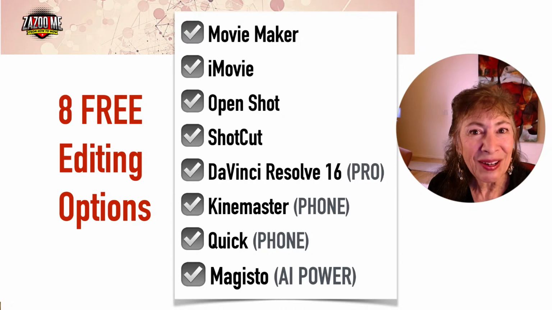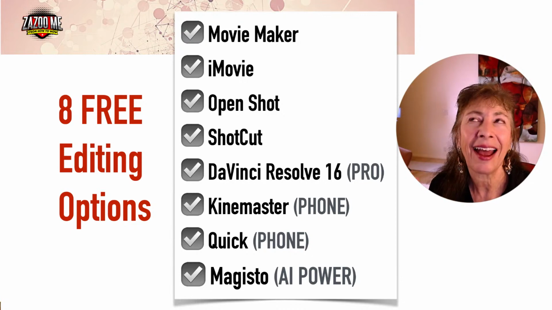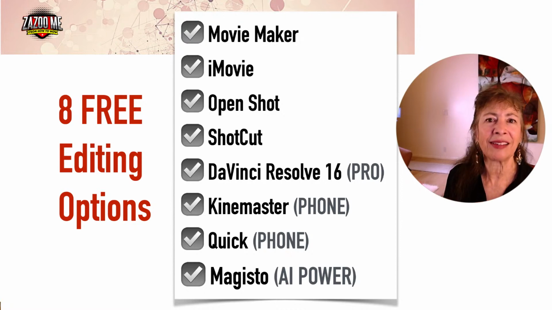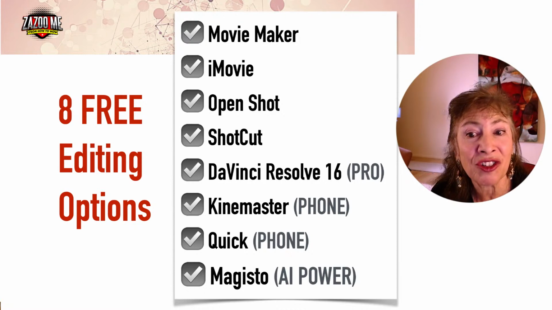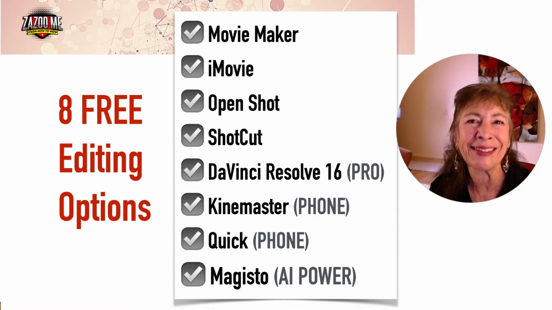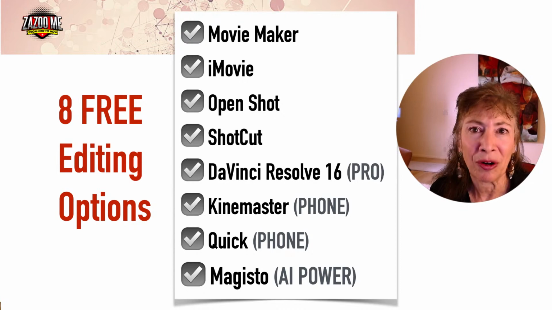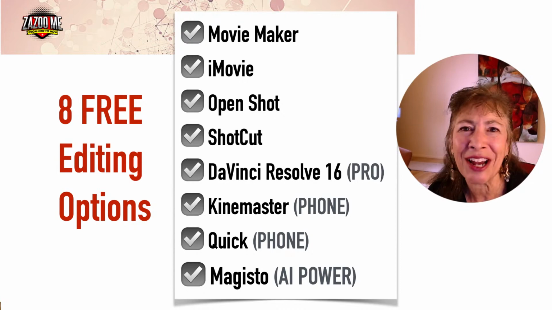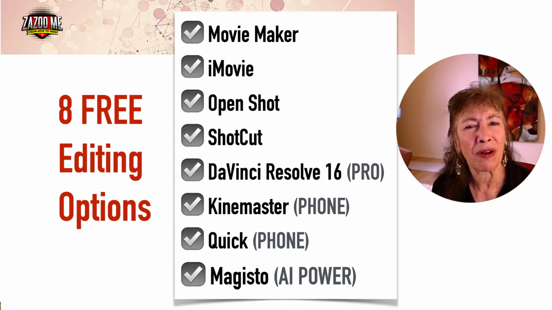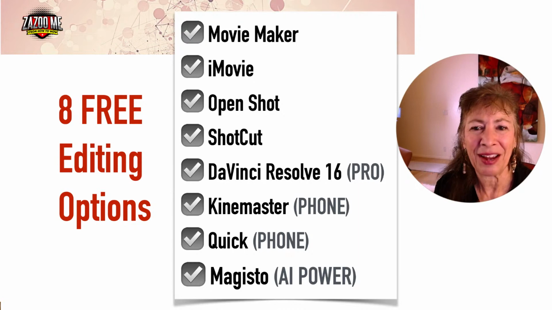Again, it has a simple, easy to use interface and a ton of features, but not so many that you're overwhelmed, and it allows you to start learning how to edit more professionally. Then there's Openshot and Shotcut. Both of these are open source, truly wonderful editing programs. I highly recommend you check both out if you want a free program with a basic, easy to use interface.